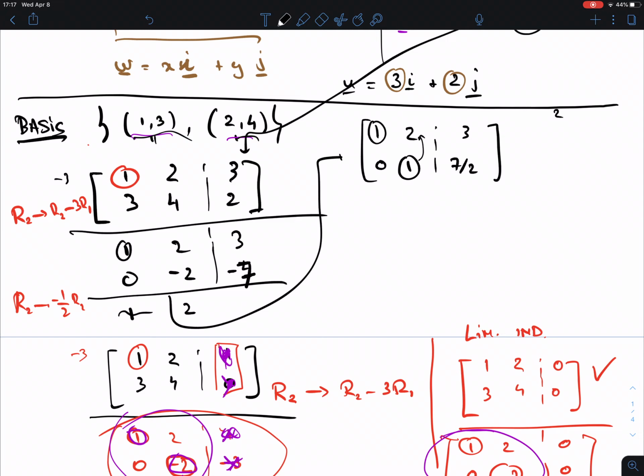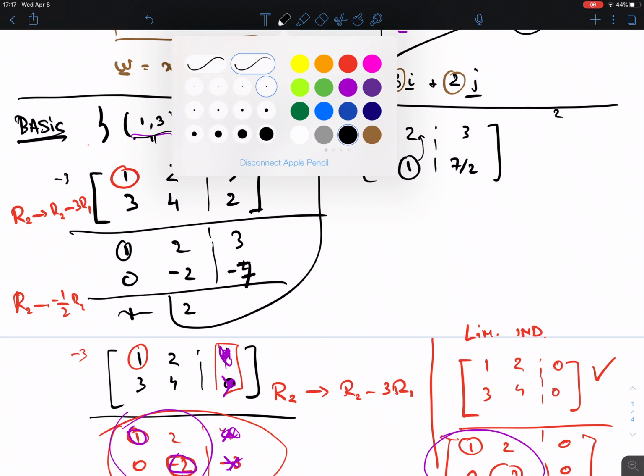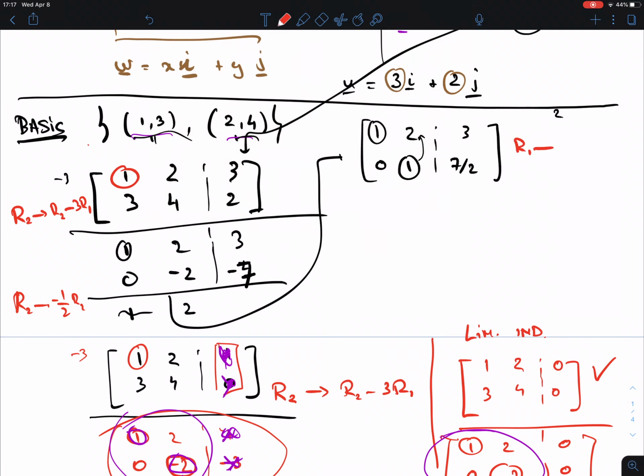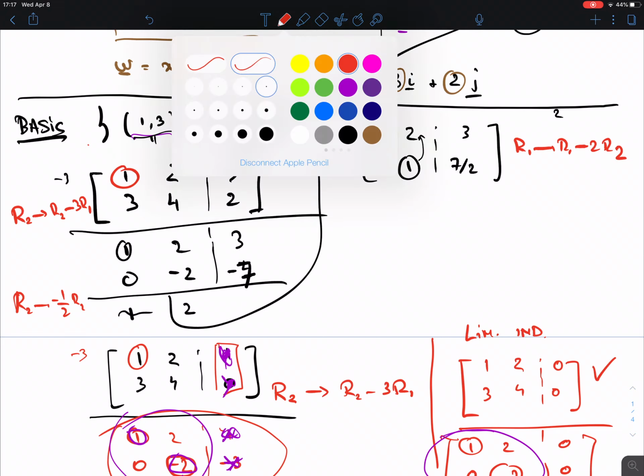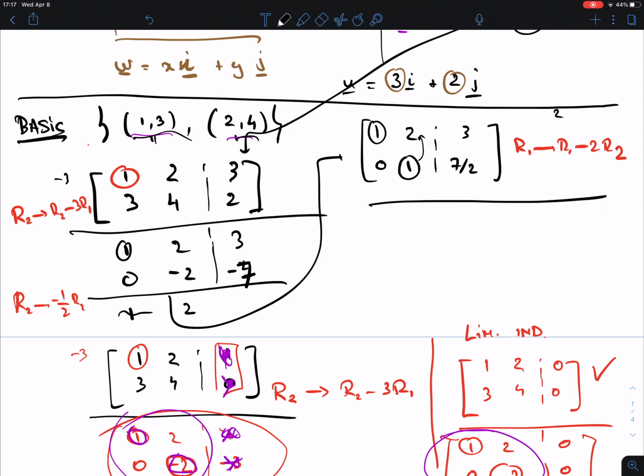So I have to make a 0 there, and for that I use that pivot, and the row operation is row 1 minus 2 times row 2. So I multiply with negative 2, and I get 1, 0, and then negative 7 plus 3 is negative 4, and 0, 1, 7 halves.